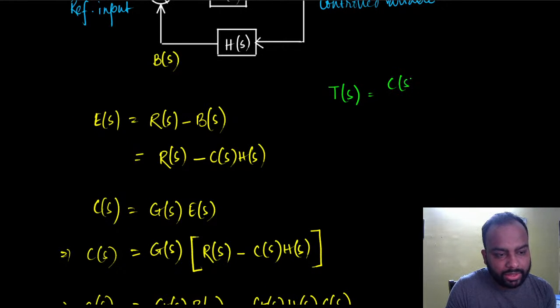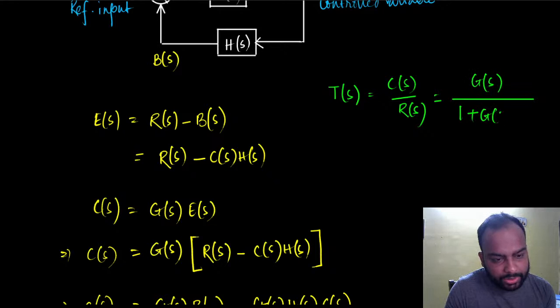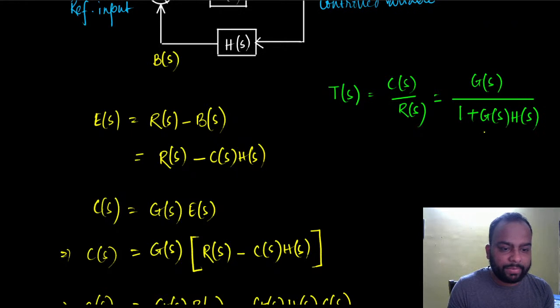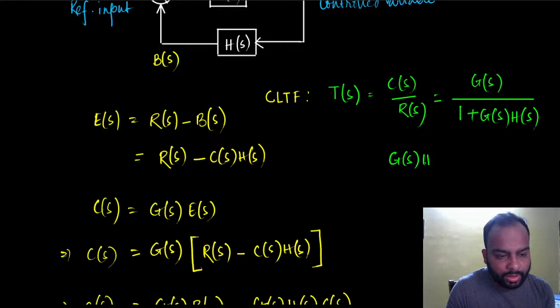This is C(s) by R(s), which is G(s) by 1 plus G(s)H(s). That's called the closed loop transfer function, in short CLTF. I think you will remember the name. Then this G(s)H(s) is called the loop transfer function.